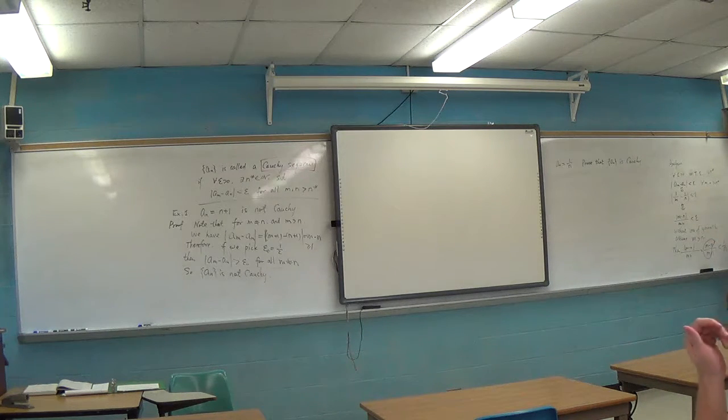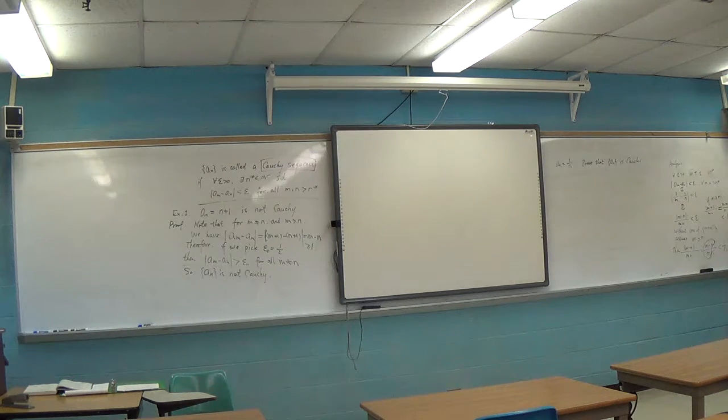Now, you may say you assumed m greater than n. What if n is greater than m? Then the absolute value of m minus n over mn will be less than n minus m over mn, but equal, right?